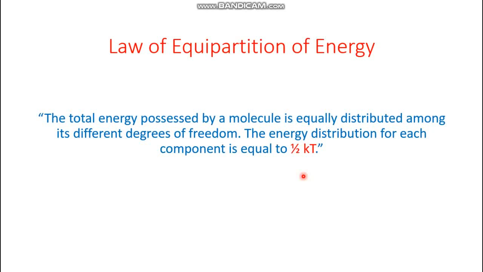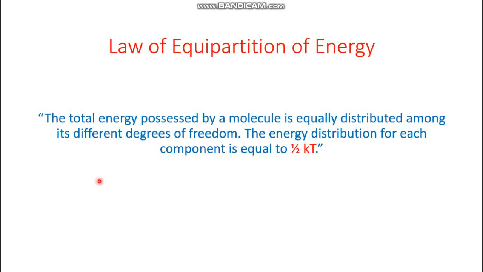You will find that E equals 3 by 2 kT, and 3 by 2 kT has 3 components, therefore each component is half kT. So from that it has been obtained, and this is the law of equipartition of energy, or the theory of equipartition of energy, or the principle of equipartition of energy.